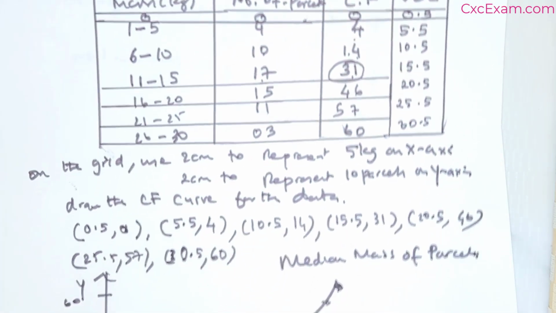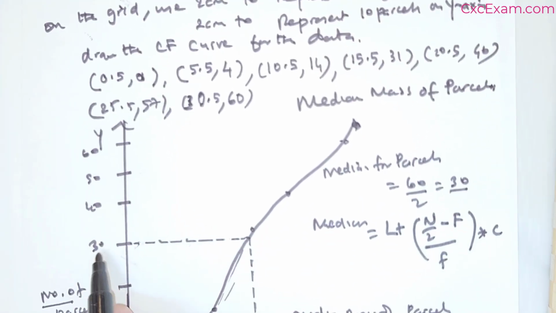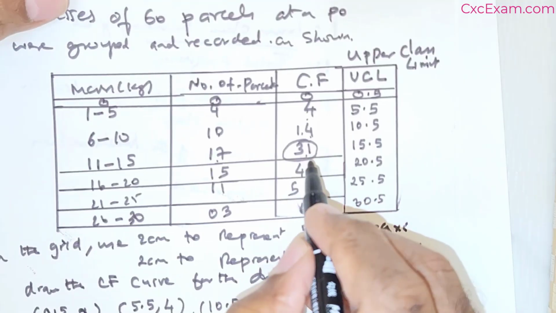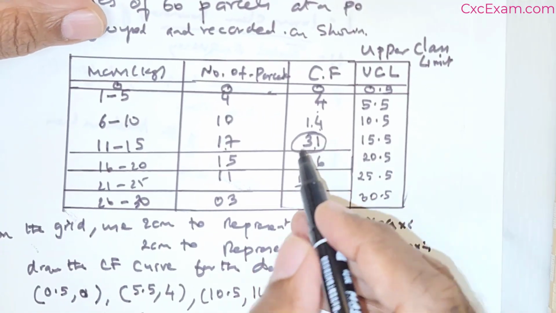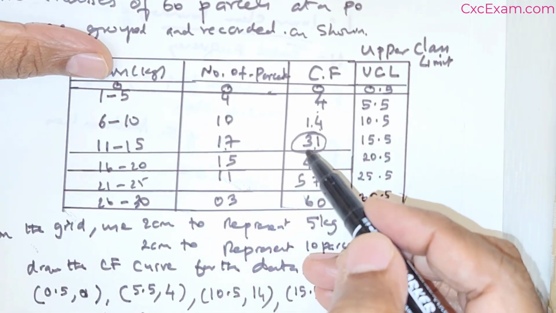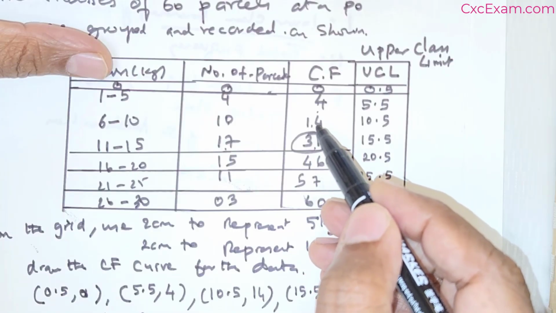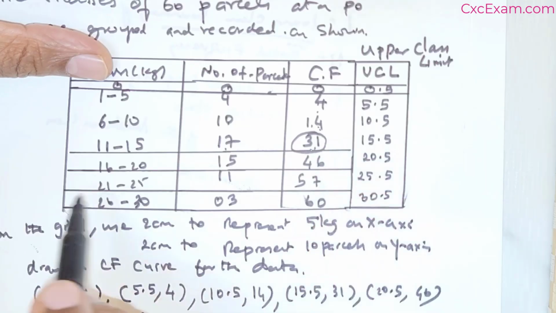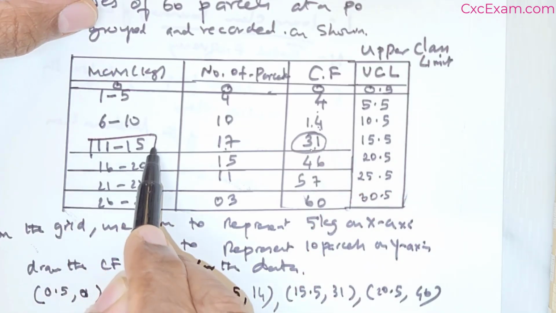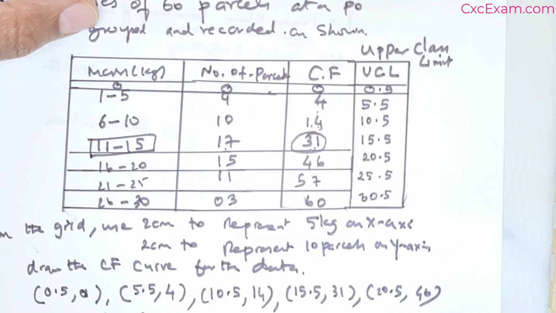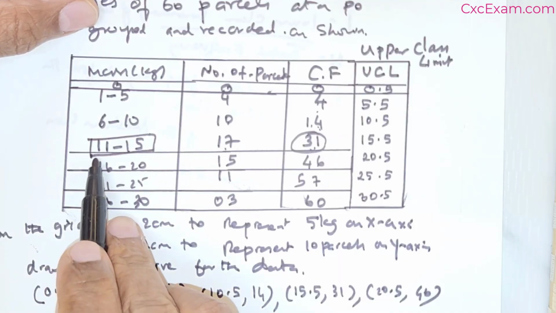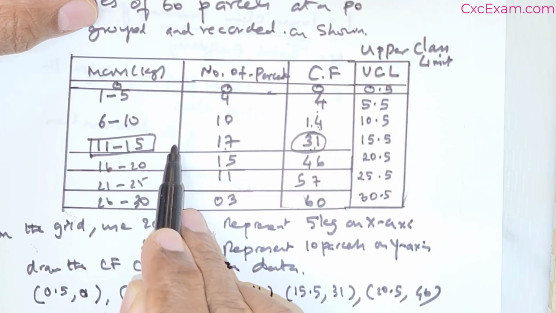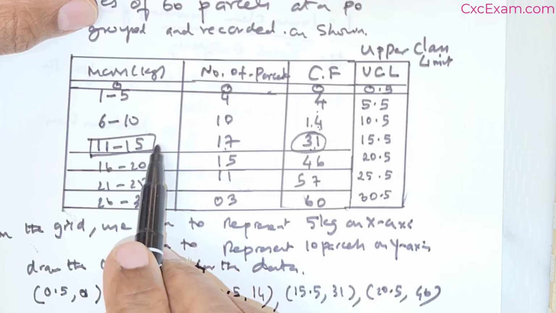Now, I mentioned to you 30 is our median. So you have to go and figure out where you see this 30. Now this 30 is actually occurring between 14 and 31. Isn't it? So this is going to be the point where we will have to get the median or lower class limit.